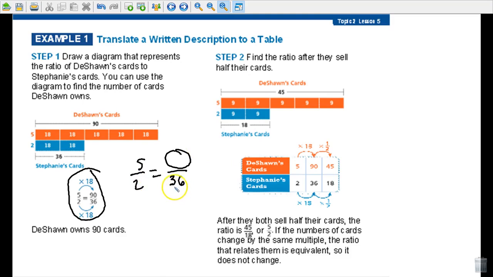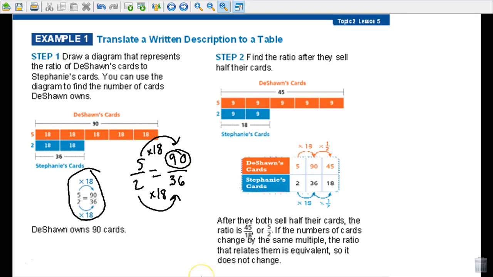Hmm. Well, I can do 36 divided by 2 to find out 18. So 2 times 18 gets me to 36. So now what do I do, 5 times what? Well, whatever I do to the bottom, I do to the top. So it's 5 times 18. And when we work that out, 5 times 8 is 40. Put my 0 down and then carry the 4. 5 times 1 is 5, plus 4 is 9, so 90. So we find out that Deshaun has 90 cards.